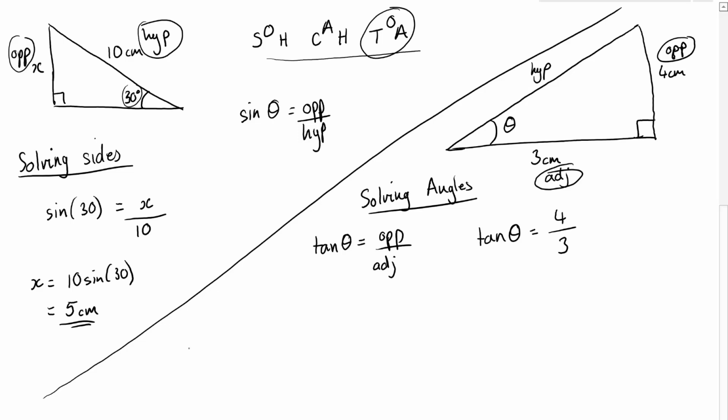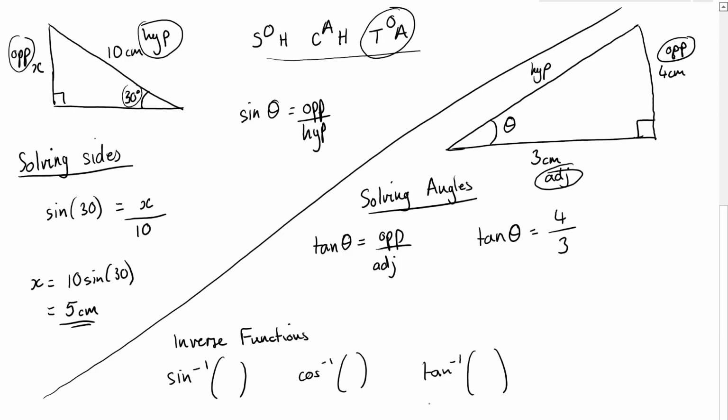And you can see those written. The inverse functions will be written as sine to the -1 of something, or cos to the -1 of something, or tan to the -1 of something. And these are your inverse functions.